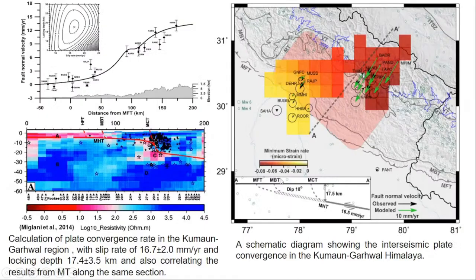So this is the modeling result. You can see the forward normal velocity. Up to these stations, up to this distance, the velocity is very low. But when you go beyond this distance, you can see a certain transition, and the velocity is very high in this distance. This is across the Himalaya, starting from the MFT.